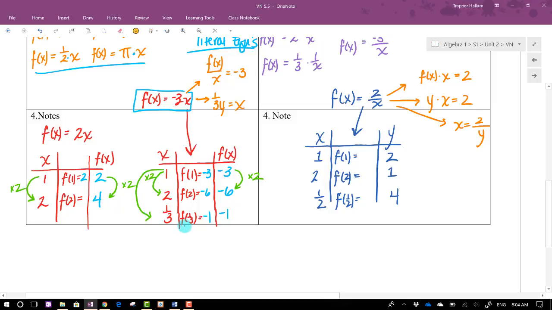We also cut the output to a third, or you can say multiply by 1/3 or divide by 3, basically the same thing, though dividing by 3 looks a little better for what we're doing. So if we divide our inputs by 3, 1 to 1/3, that's the proportion. Then look what happens to our output. Negative 3 becomes negative 1, which is also divided by 3. So that is what a direct variation is. However you're changing the x, the inputs, that same change happens in the output.